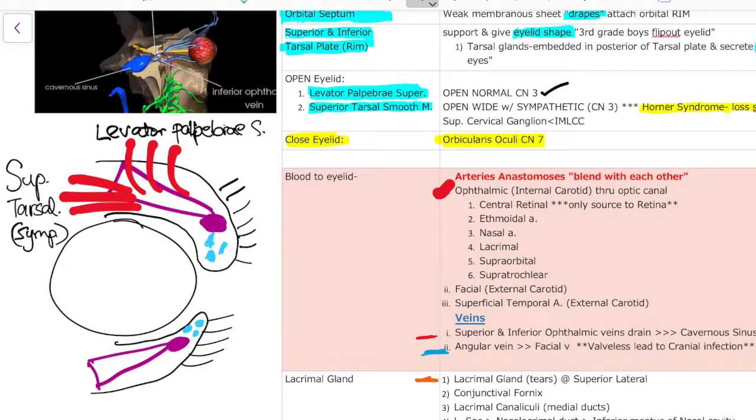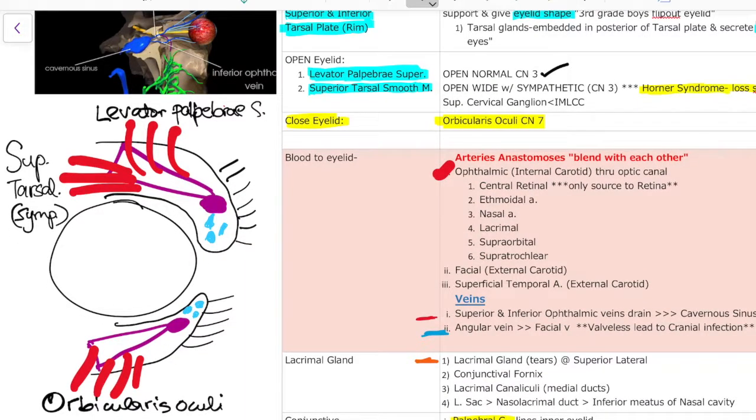And top and bottom, both we should have our orbicularis oculi to close the eyelid.